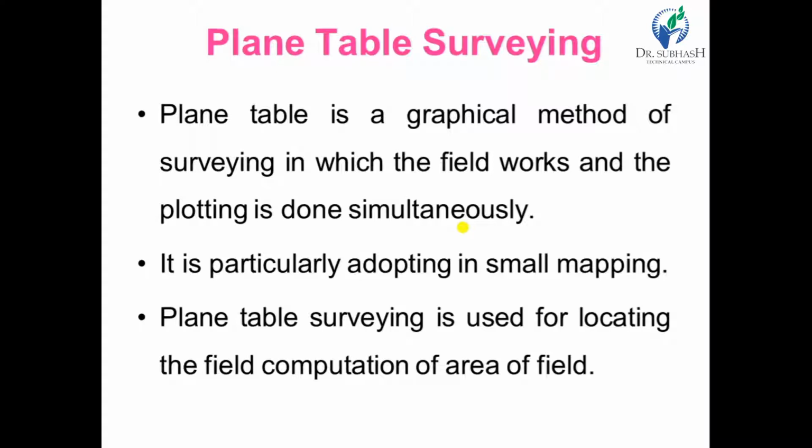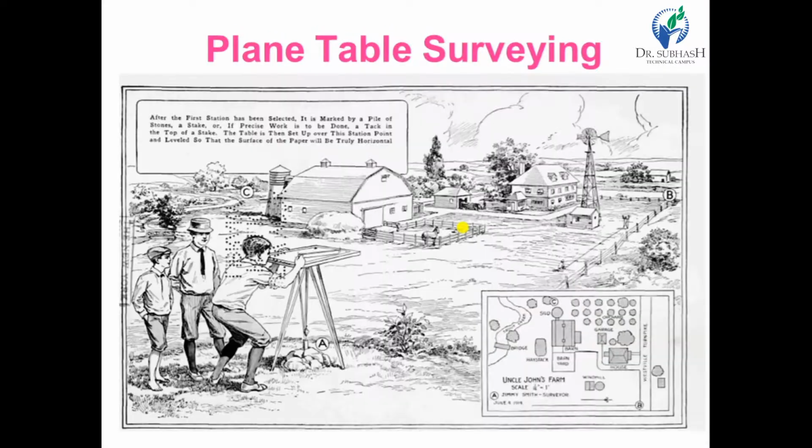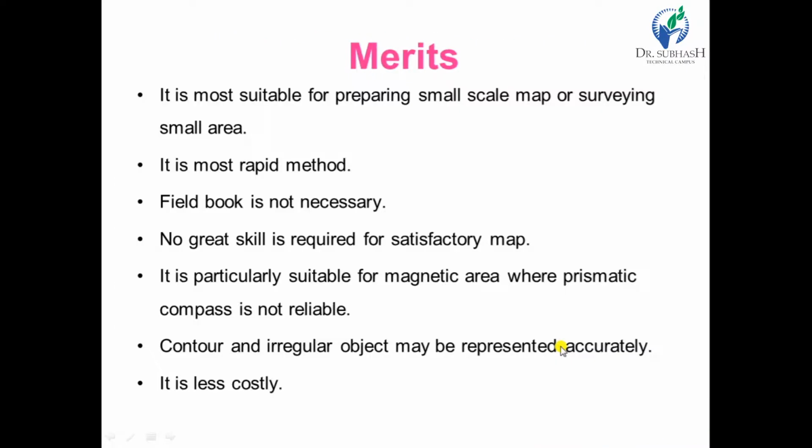Plane table surveying is used for locating a field and computation of the area of the field. This picture represents plane table surveying: one person sits beside the table and sights an object using the alidade, and marks the points on the map. That is the type of map prepared in plane table survey.